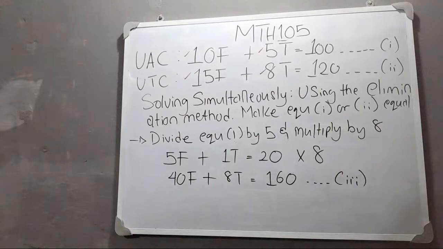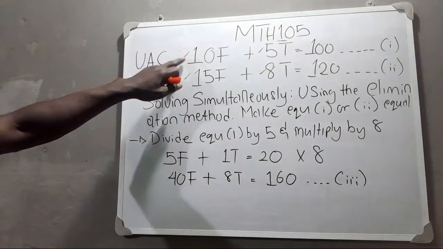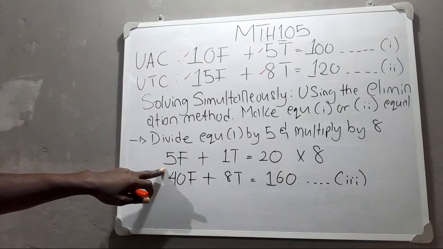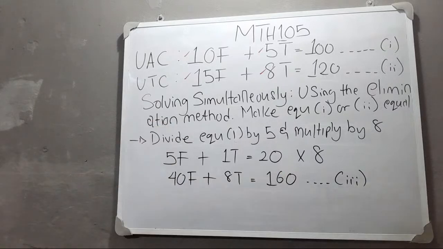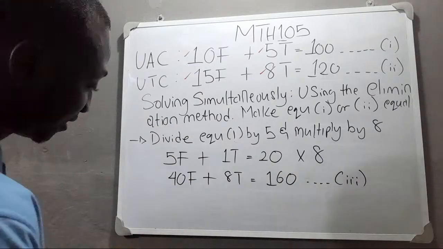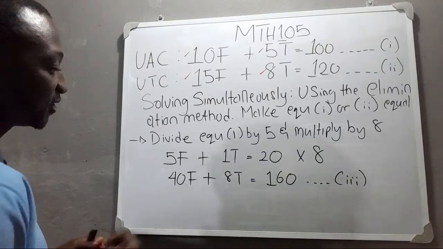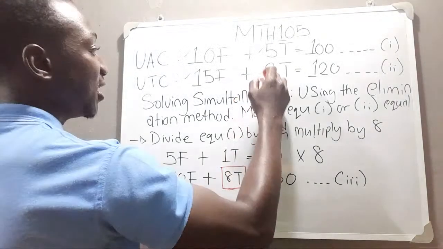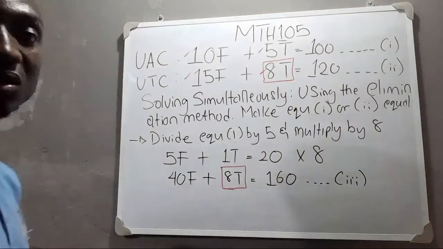I believe we are all clear on this. What we did is that we divided equation 1 by 5, then we multiplied it by 8. Now as you can see, we have 8t in equation 3 and 8t in equation 2.